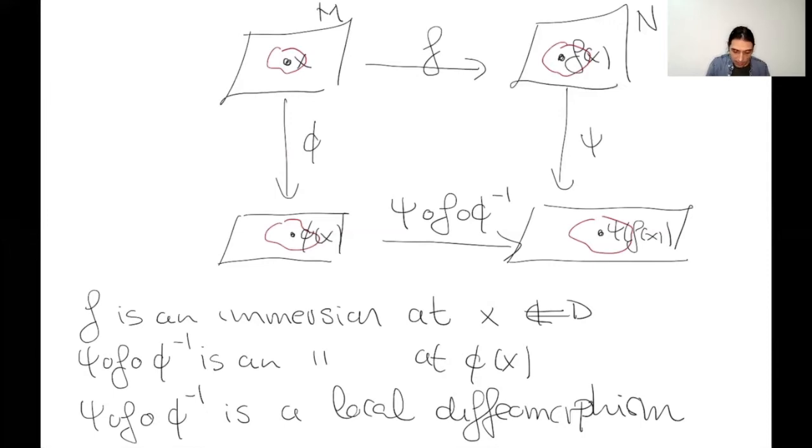And again, since phi and psi are diffeomorphisms, then f is also going to be a local diffeomorphism. So this property is indeed the property that we know for differentiable maps between Euclidean spaces. It's nothing else, because the way in which we prove it is just considering the expression of f in local charts and then applying the result that we already know. Okay?